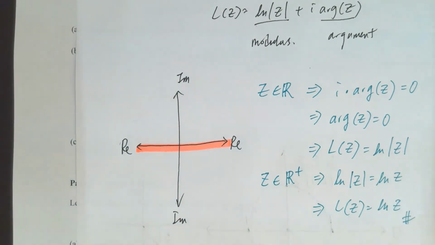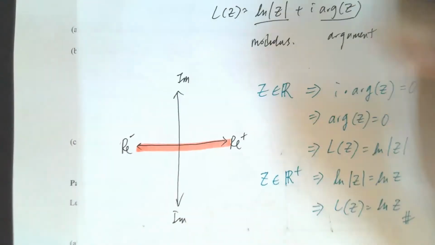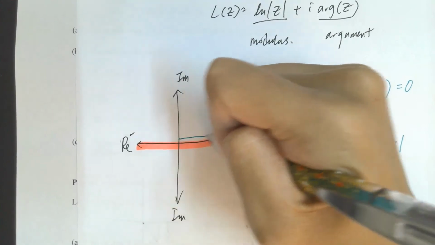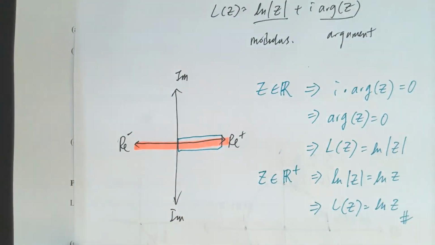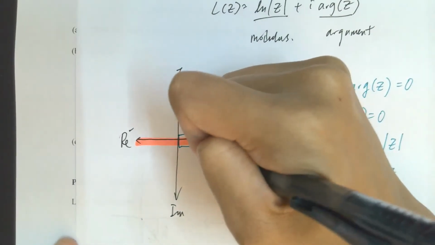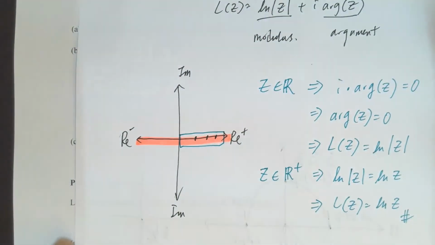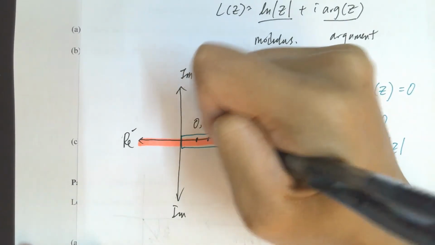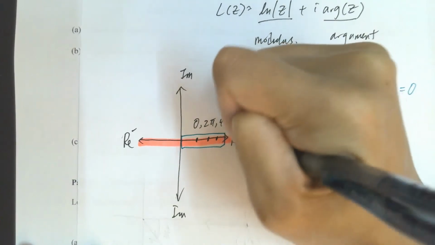Then we can say this is positive real, this is negative real. So if it's a positive real number, it must be somewhere over here. No matter what the radius is, the angle is always going to be 0 or 2 pi or 4 pi, etc.